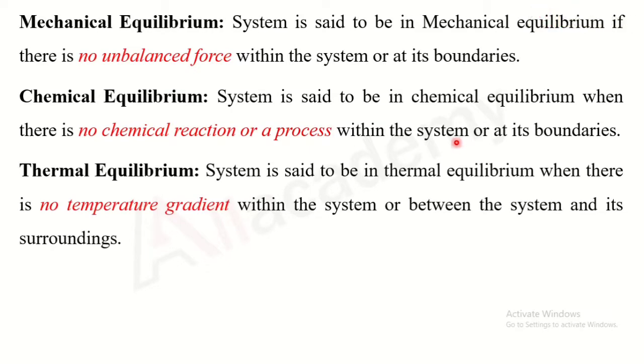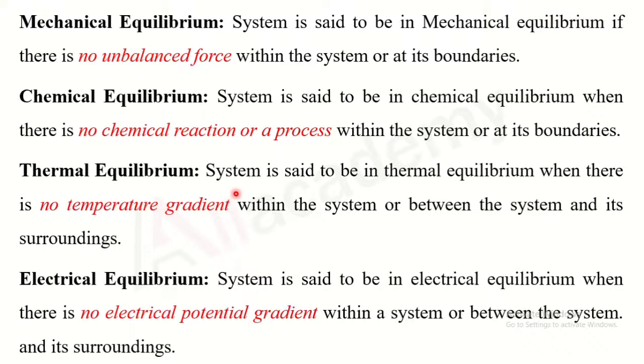Now if I want to say thermal equilibrium, a system is said to be in a thermal equilibrium when there is no temperature gradient, means there is no temperature difference between the system and surrounding or within the system. Then I can say that the system is in a thermal equilibrium. And the last one is electrical equilibrium.